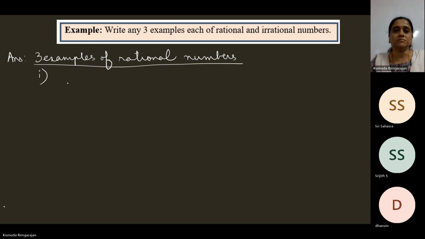Is this a rational number? Is this an example? Is this expression an example of a rational number? Look at the square root symbol.